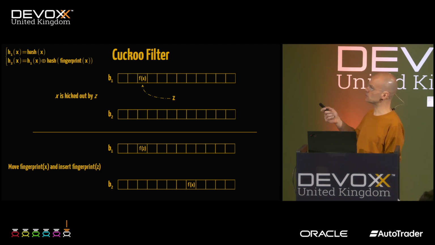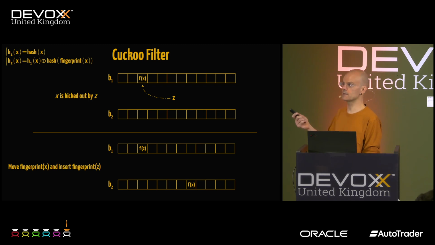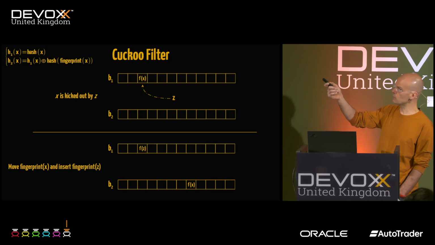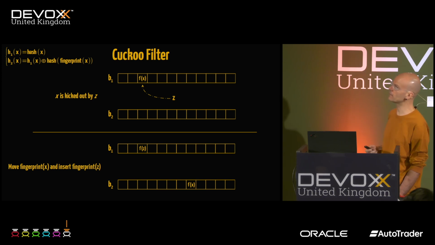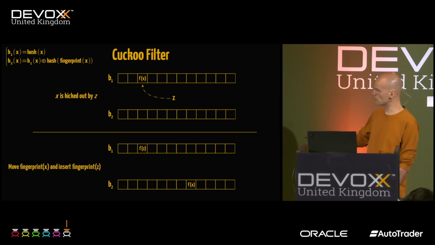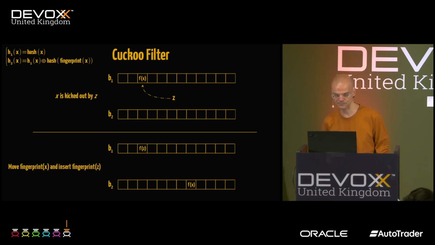We apply the hash function to the fingerprint, and then we XOR it with the hash 1. And the hash 1 was, if you remember, the hash used for computing the index. And we know the index of f(x), of course, because we want to write something into there. And in this way, we get the result of hash function 2, and so we know the location where to write f of x.